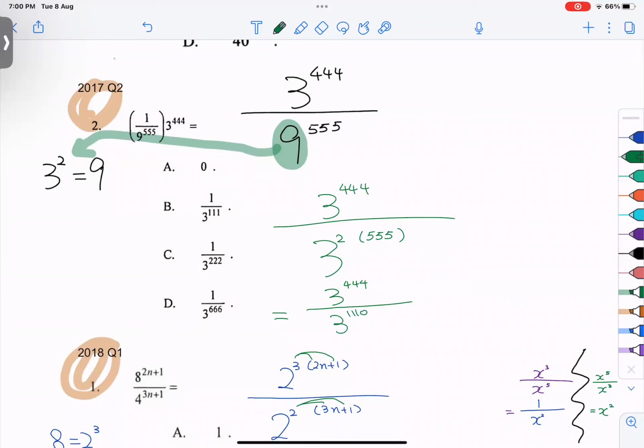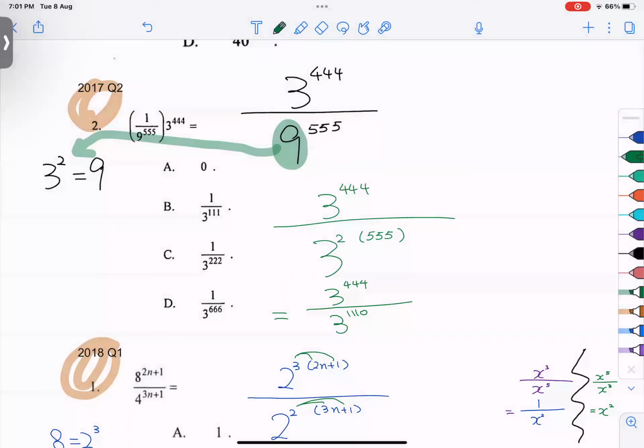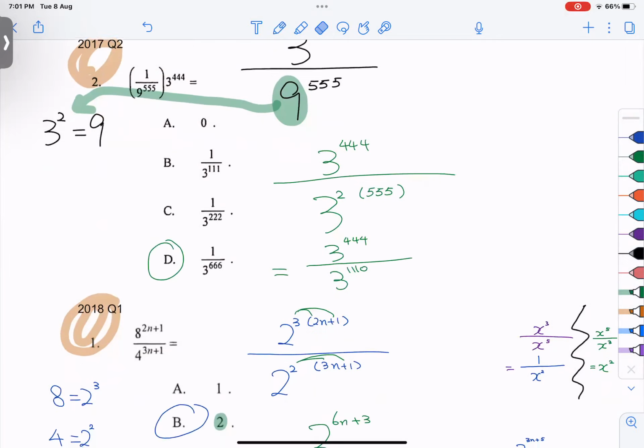And then you will have to decide which side is bigger, up or down. It's D. Yes. The others also got it? Yes. That's good.